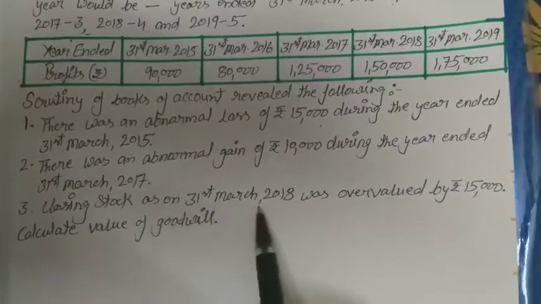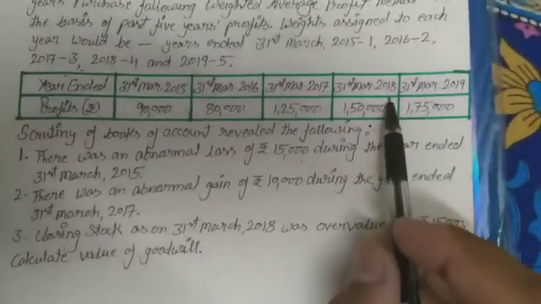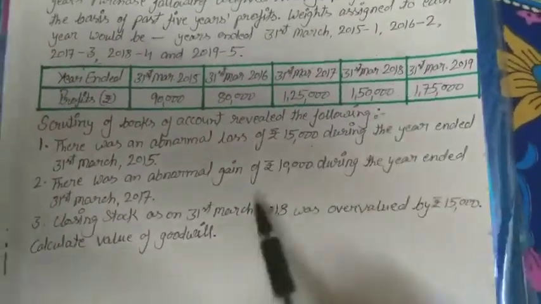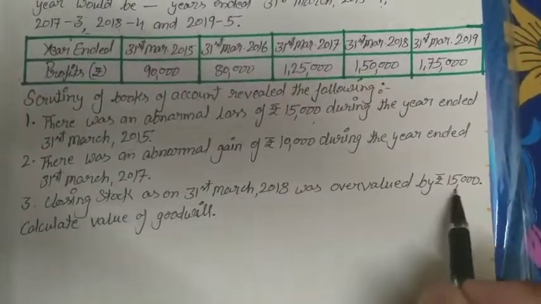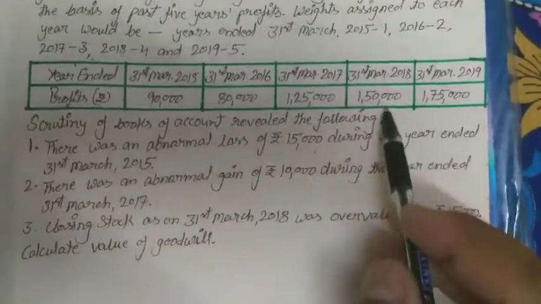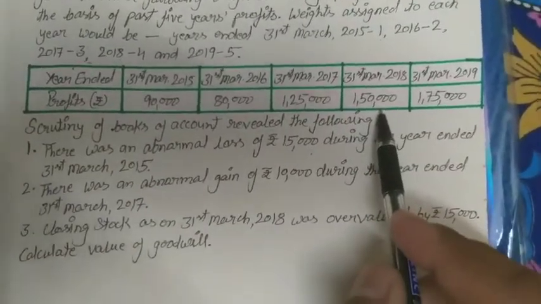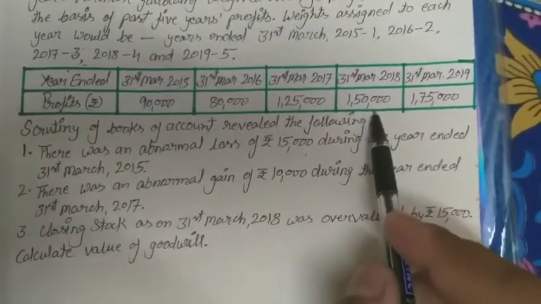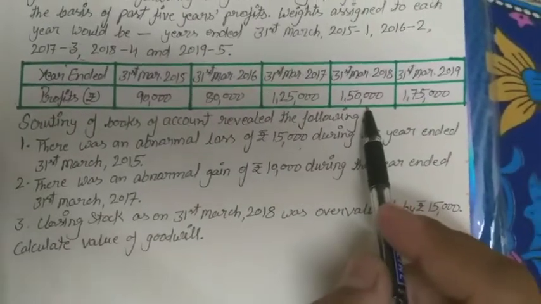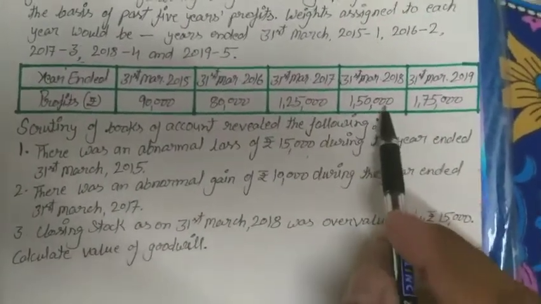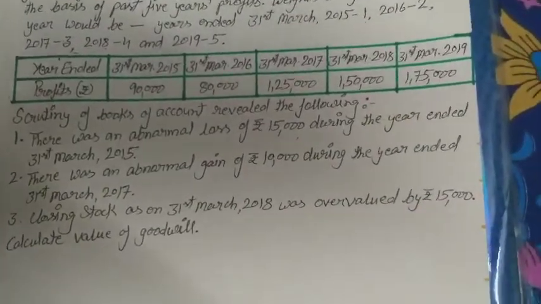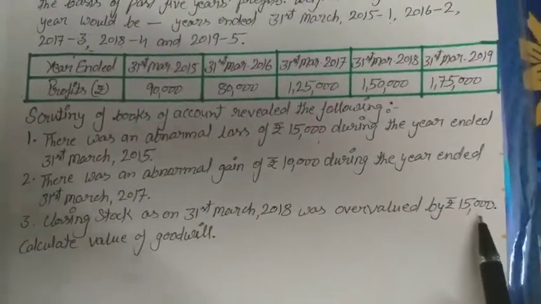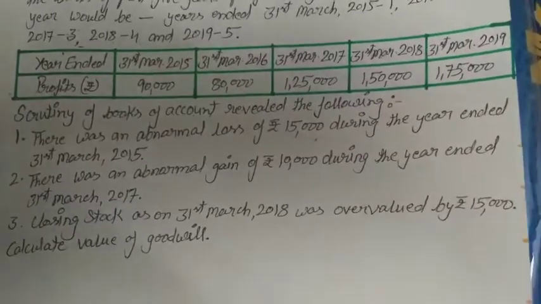Closing stock as on 31st March 2018, this year. On this date, closing stock was overvalued by 15,000. If closing stock is overvalued by rupees 15,000, it is increasing the profit of this particular year. So we have to subtract. And when we move to the next year, the opening stock will be overvalued over there.